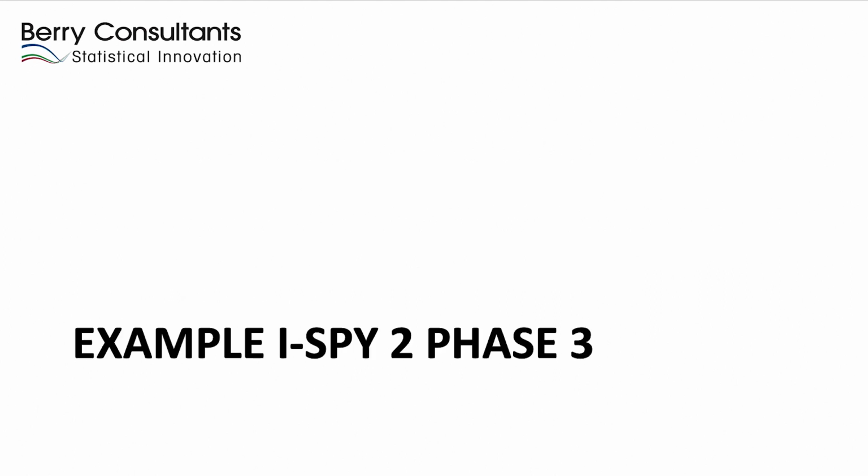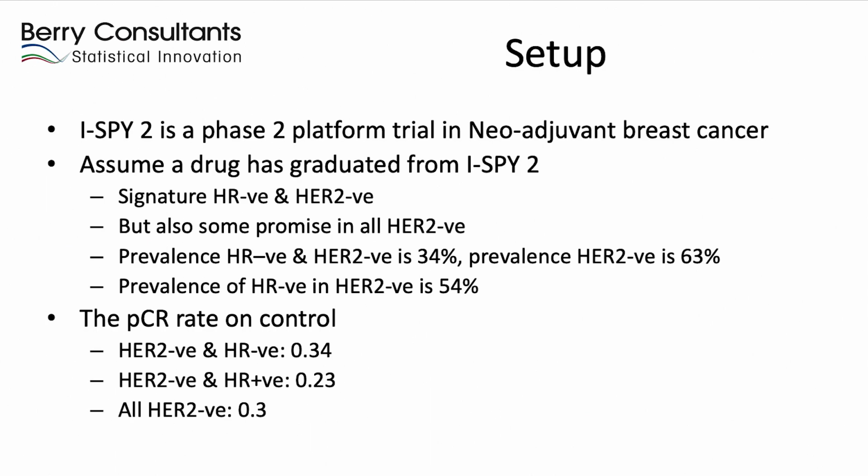So this is, from Berry Consultants' point of view, quite a nice example because it takes I-SPY 2 as its context. The setting for the example is to imagine that from the I-SPY 2 platform trial in neoadjuvant breast cancer, a drug has graduated from that Phase 2 screening study and is going to go forward to Phase 3.